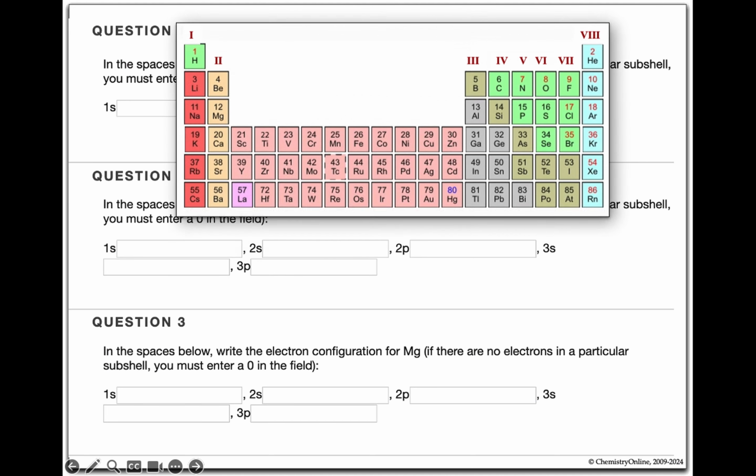That means the first period is full, that's 2. The 2s is full, that's 2 more. The 2p is full, that's 6 more. The 3s, this guy, has 1, 2 electrons. And finally, there are none in the 3p, so that's a 0. The differences are you must enter a 0 if something else is shown, and again, just enter the total as opposed to breaking it down.